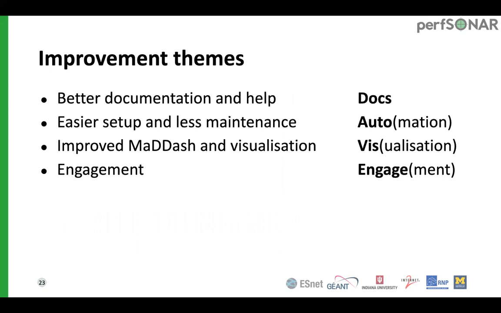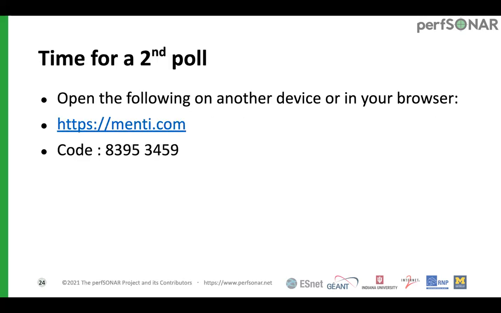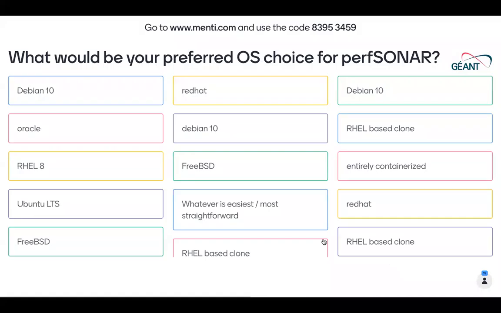It's around visualization options for perfSONAR, and it's about us developers having more engagement with you, the users. So for that, I will go back to Mentimeter and continue the poll, and ask you to provide some more answers because we're interested in having more information.